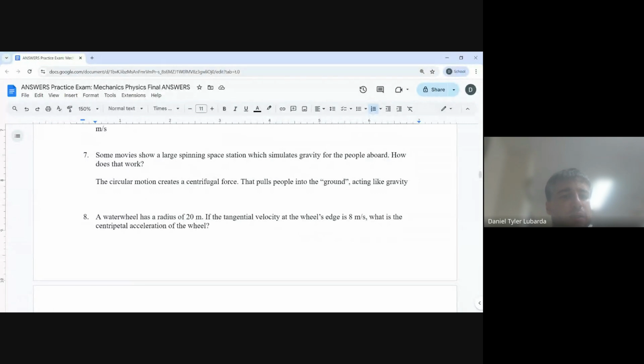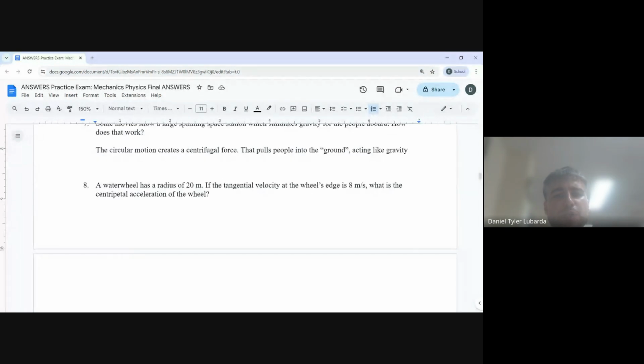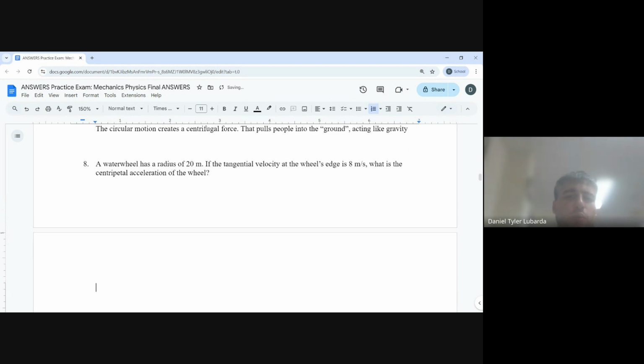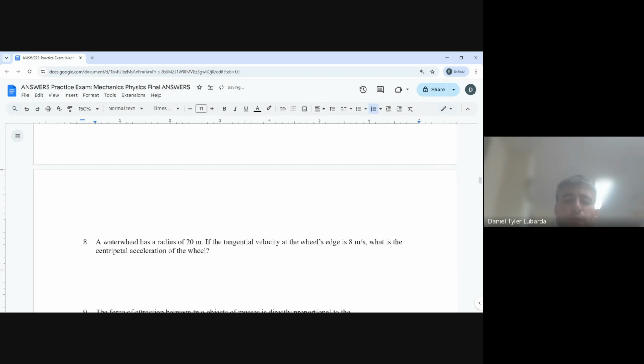Number 8, a water wheel has a radius of 20 meters. If the tangential velocity at the wheel's edge is 8 meters per second, what is the centripetal acceleration of the wheel? So we're going to use our equation of centripetal acceleration.